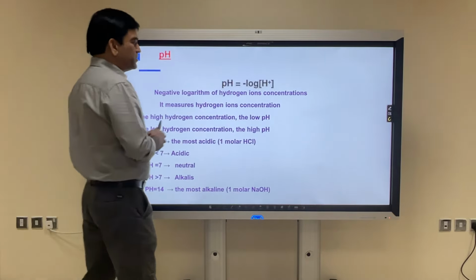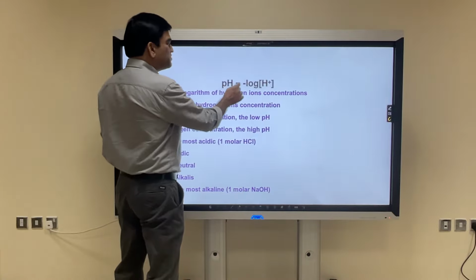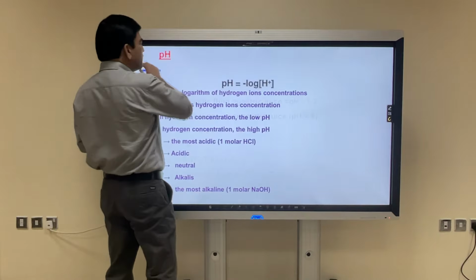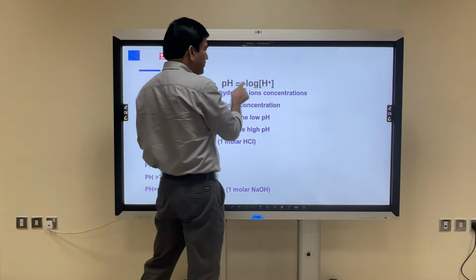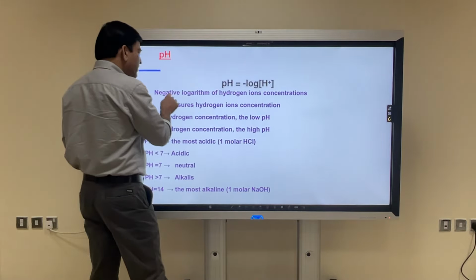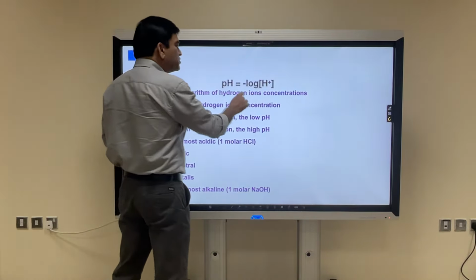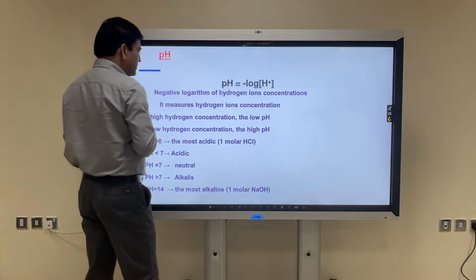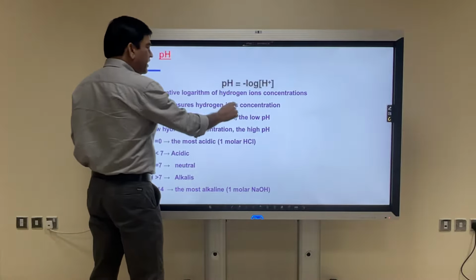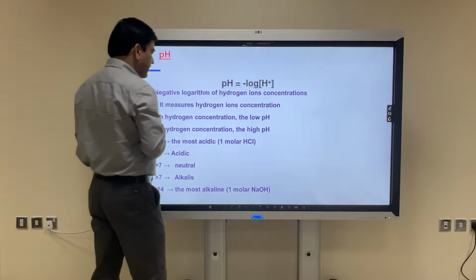Now, what is pH? pH is minus log the concentration of H+ ion, the negative logarithm of hydrogen ion concentration. It measures the H+ ion concentration.